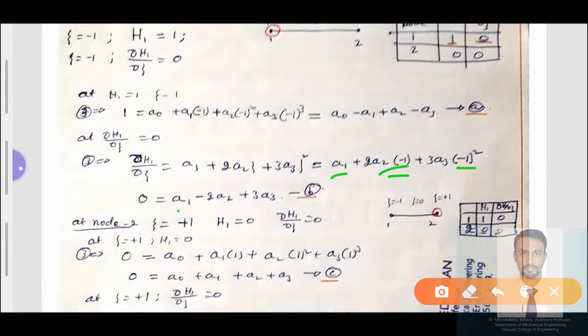So we have a1 minus 2a2 plus 3a3 equals 0. Call it equation number B.